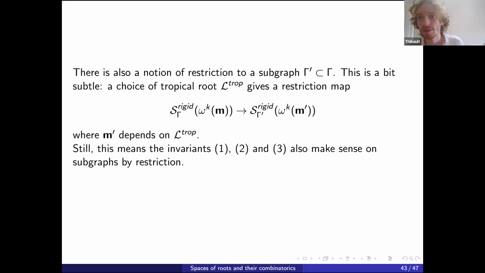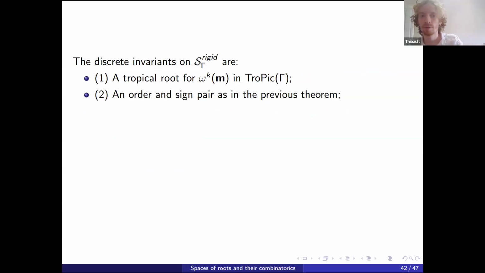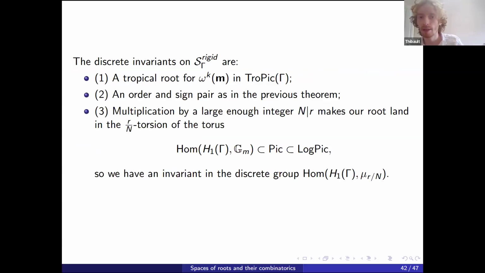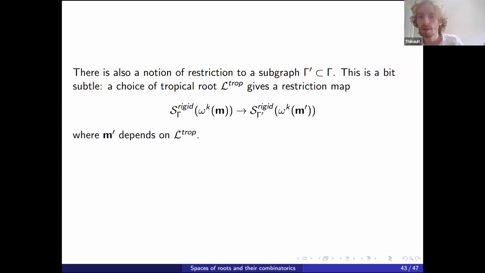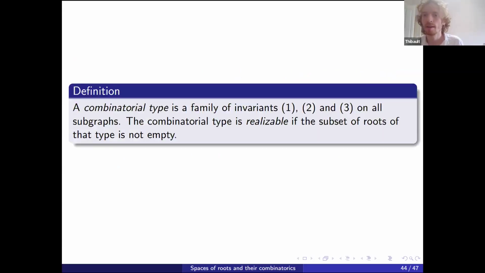And now the big claim is that this is all there is. So all my invariants, tropical root, order and sign pair, and monodromy map on every subgraph, together they form what I'm going to call a combinatorial type.